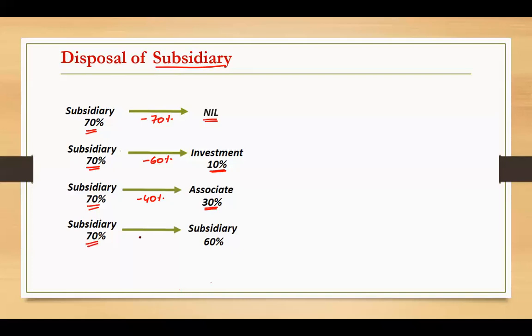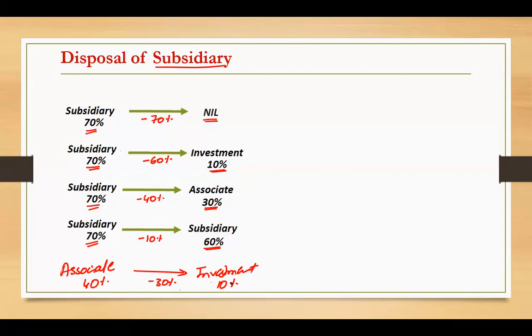And in the last case, we had a subsidiary, we disposed of 10% and now we have a remaining 60%. So these are 4 different cases and the 5th case will be that if we have an associate of let's say 40% and we dispose of 30% shares so that the remaining holding is a simple investment of 10%, how the accounting is going to be. So these are 5 different cases that we should be aware of.